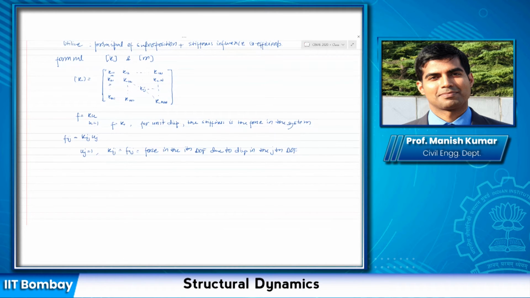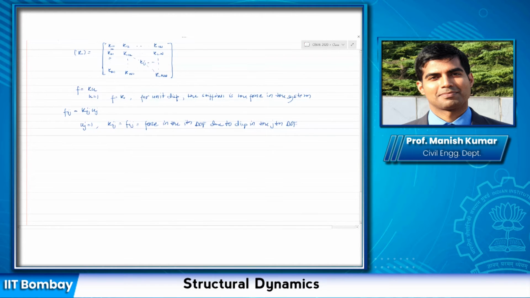If that is established, I can do that for all the degrees of freedom. You can imagine if I apply u1 equal to 1 and the other displacements are kept 0, let us say u2 equal to 0 and u3 equal to 0, then I would have to apply forces K11, K21 and K31.